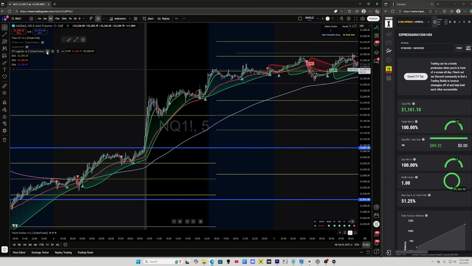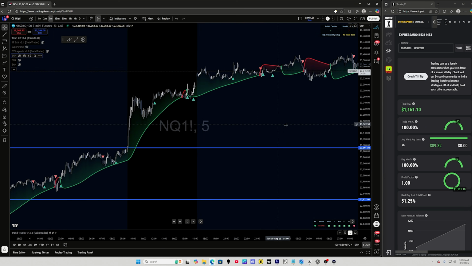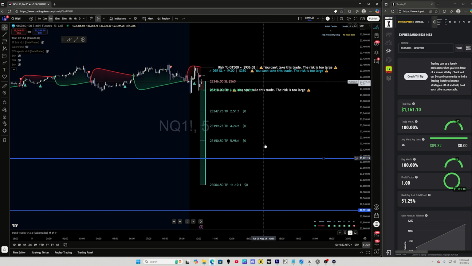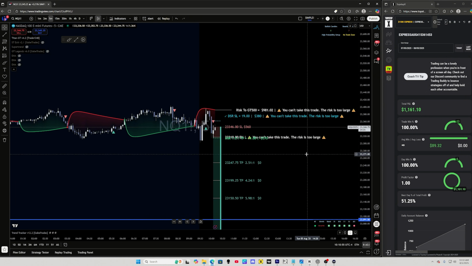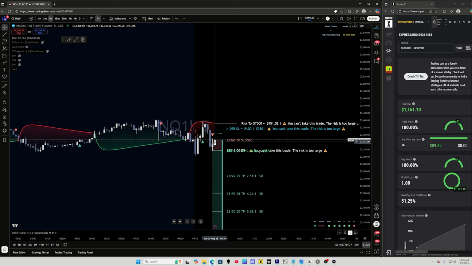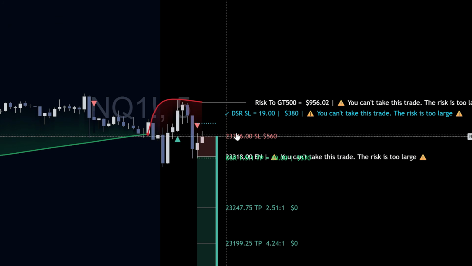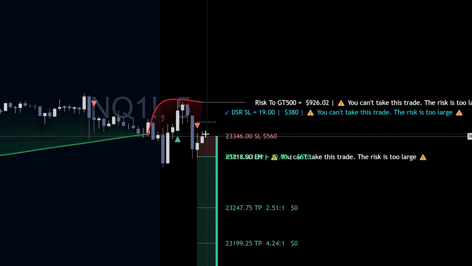So what I'm going to do is I'm going to minimize my EMAs. And what you're going to see clearly is that this is basically a Super Saiyan level 5 of the 1348.